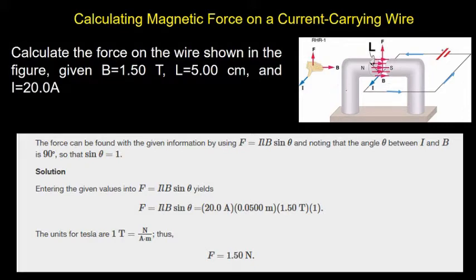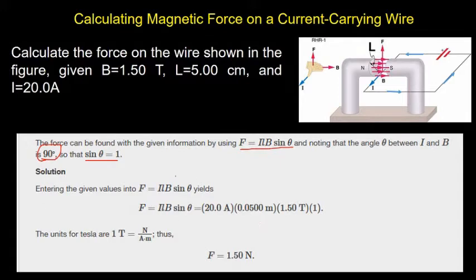The length of the wire between the magnets, L, is given as 5 centimeters, and the wire carries a current of 20 amperes. By looking at the direction of current and the direction of magnetic field, we can say that sine theta is 1, because theta is 90 degrees.